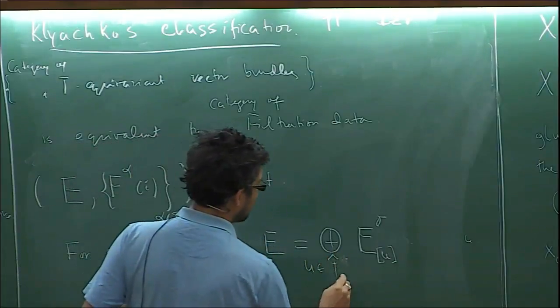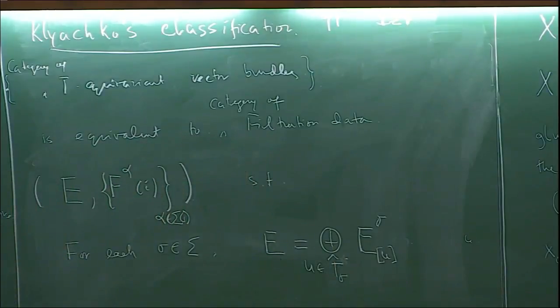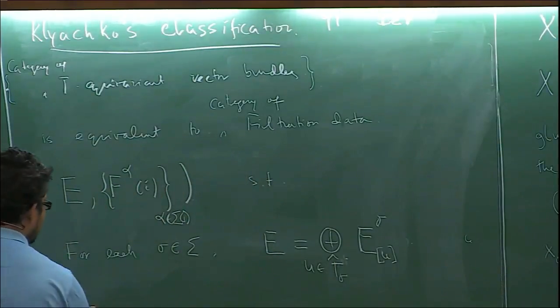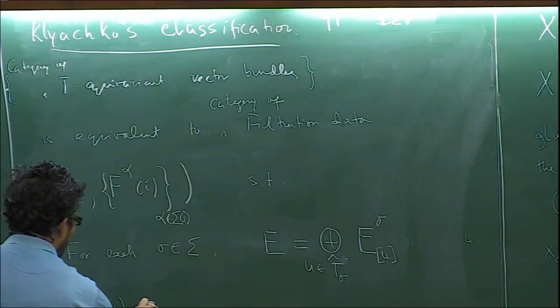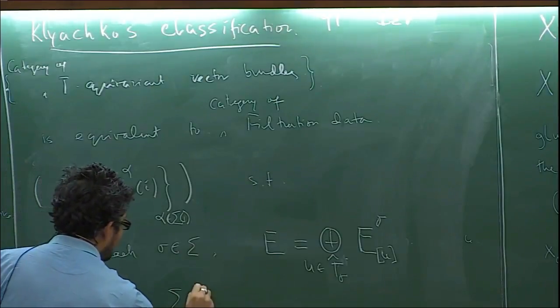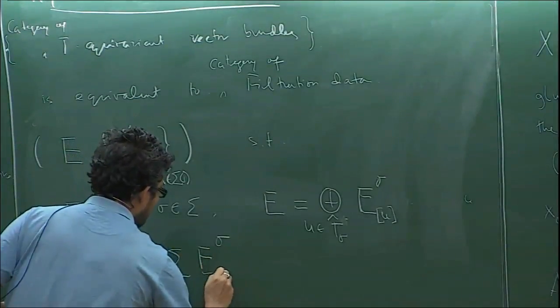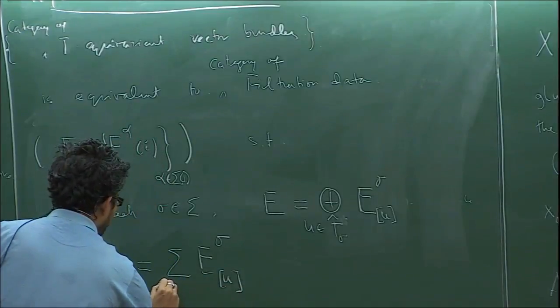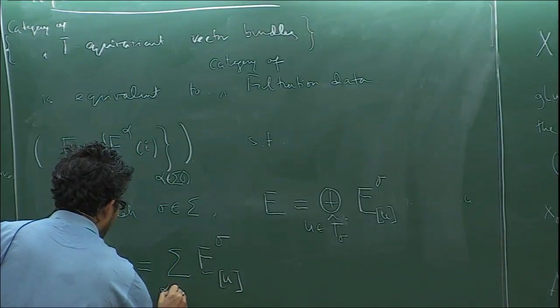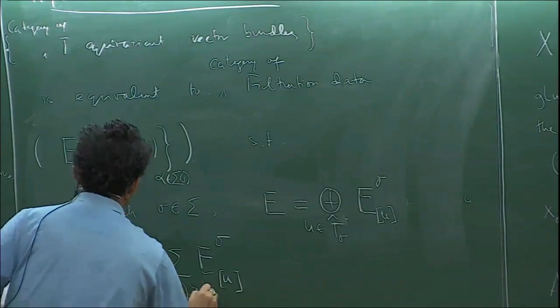Sorry. So this is such that F^alpha(i) is equal to the summation of E_sigma,U such that <alpha, U> is greater than or equal to i.